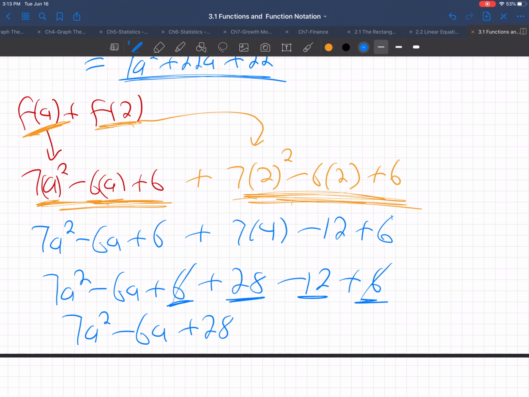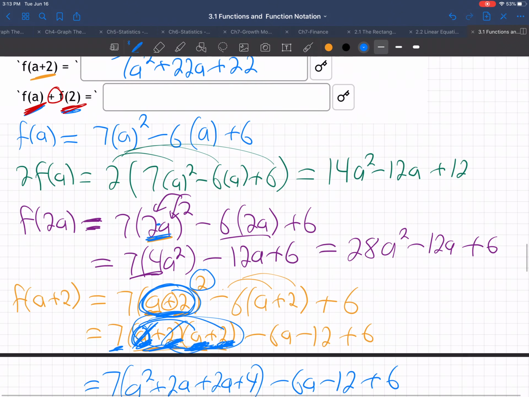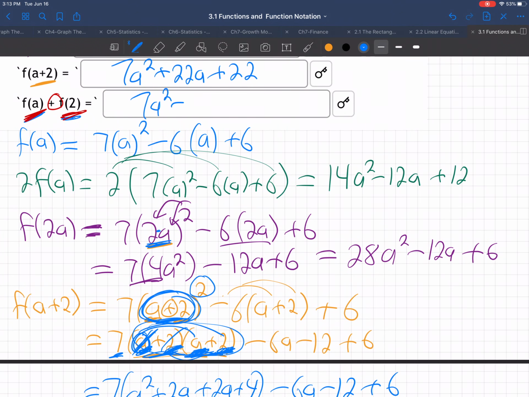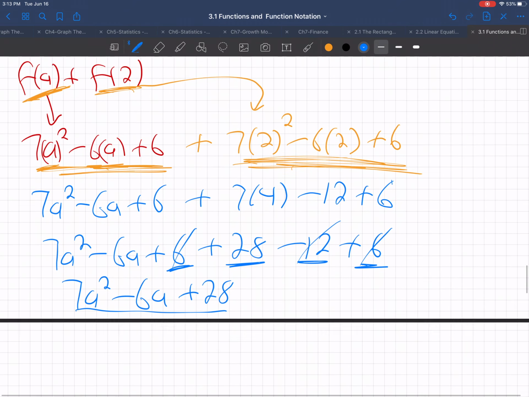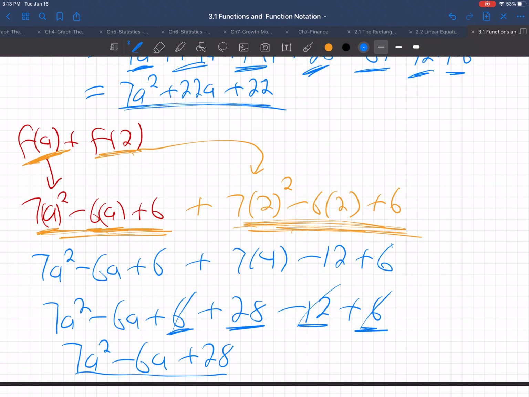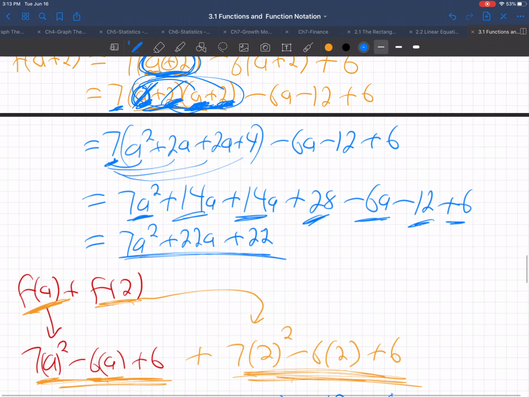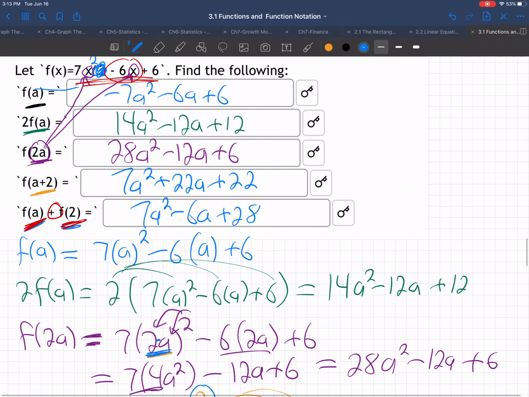The 6 and 6 makes 12 and cancels that. So 7a squared minus 6a plus 28. Yeah. There we go. All right. So that was a lot of work, plugging into an x squared function in various ways.